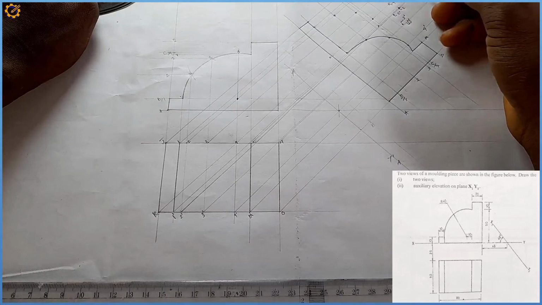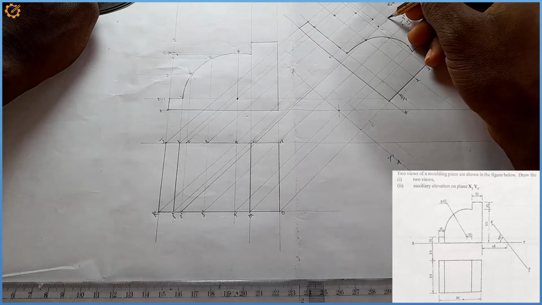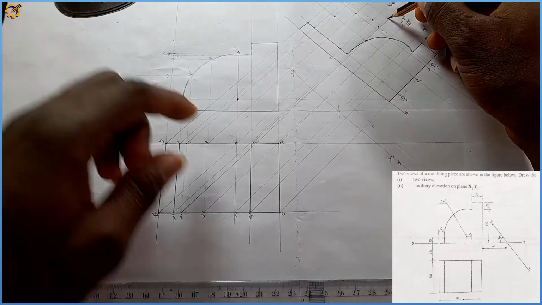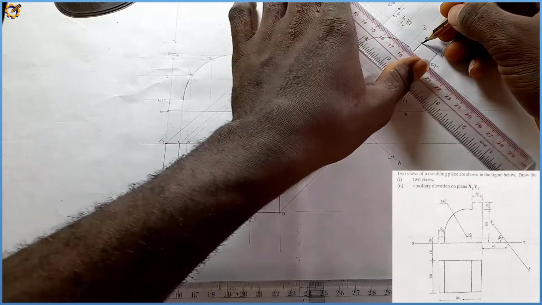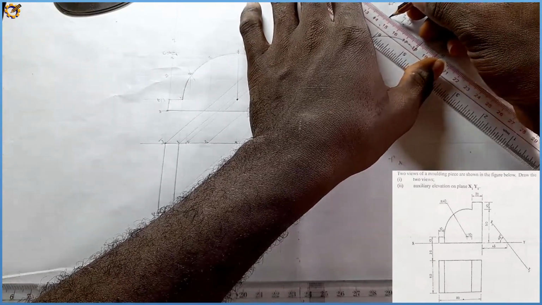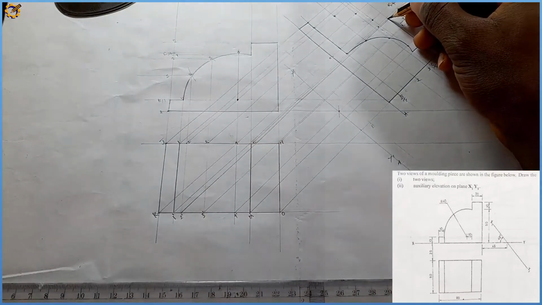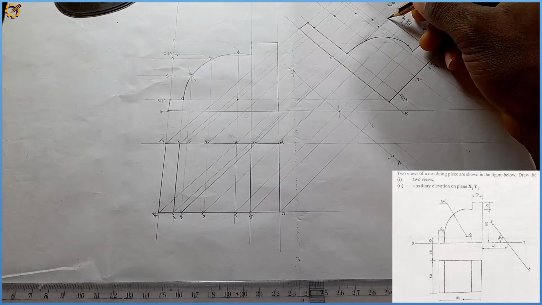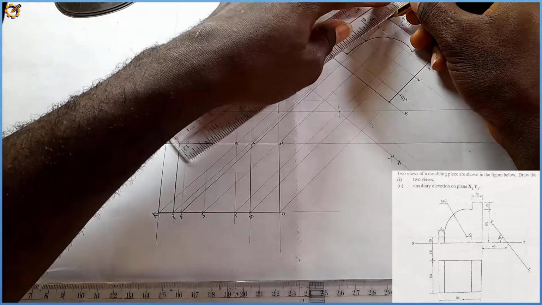Before I proceed, this is my L here. This line is for my L, and L to M is visible also. So we are going to join that like this, from this junction down to this point. Everything comes down to this junction here.